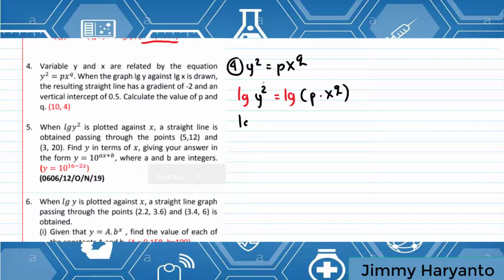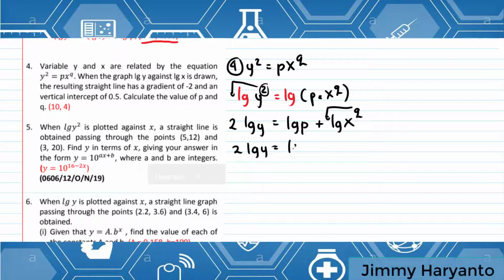Yeah, so for this one I can use the indices properties. So the 2 will go in front of LGY. For this one I will use multiplication properties, LGP plus LGX to the power of Q, and this Q will go in front of it. LGY equals LGP plus Q times LGX.